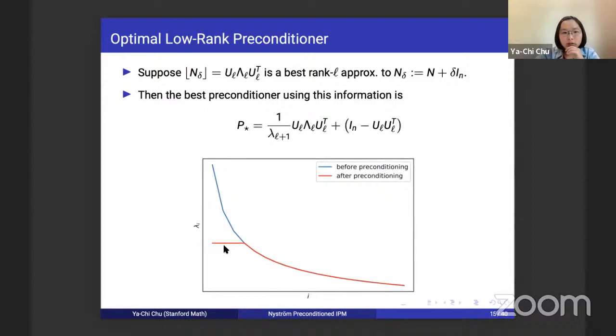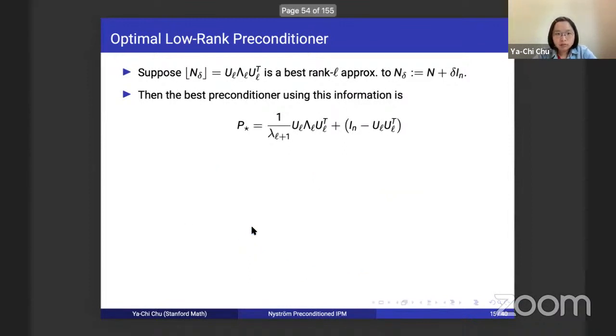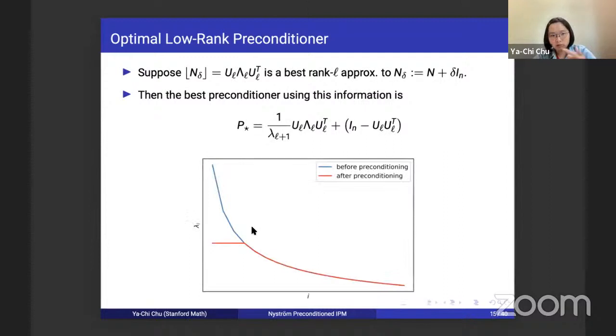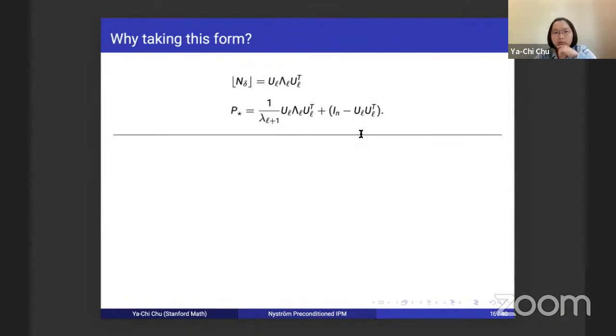So we also see that if the spectrum decays very fast in the beginning, it means your matrix has a good low-rank structure, you only have several ranks and all the other eigenvalues are very small, then we can expect that you can improve the condition number by a very large factor. Okay, so let's go to the next slide to explain why this preconditioner takes this form, and after that we might be able to understand why we have this kind of picture.